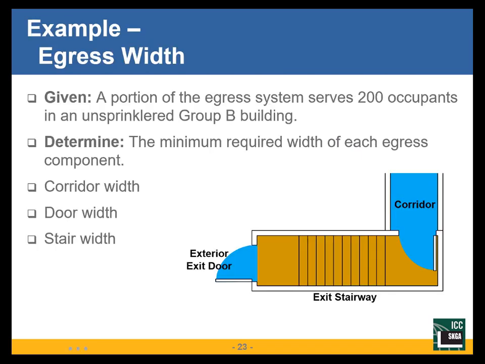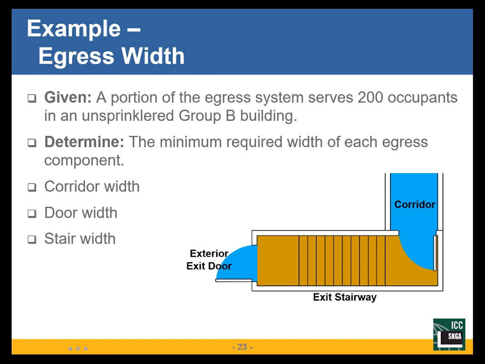So here's an example of how this would apply. Here's my exit, one exit out of a building. This portion of the exit, and we'll say this floor has a total of 400 occupants. When they come out into the corridor, they can go either direction.